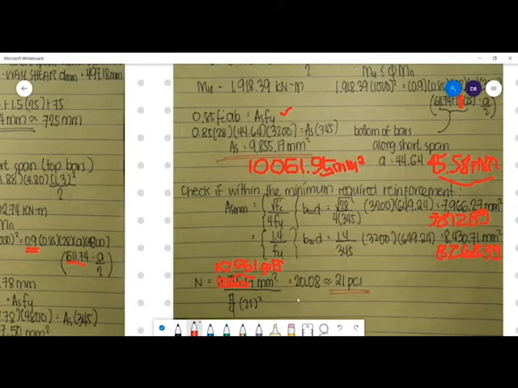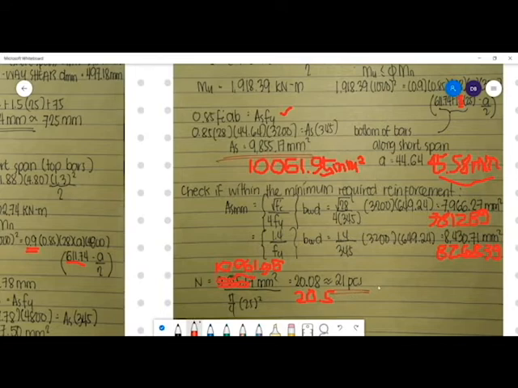We have 20.49, 20.5, which is also equal to 21 pieces. No, so I guess it doesn't change much, doesn't really change anything. Pero we need to be very careful about it.